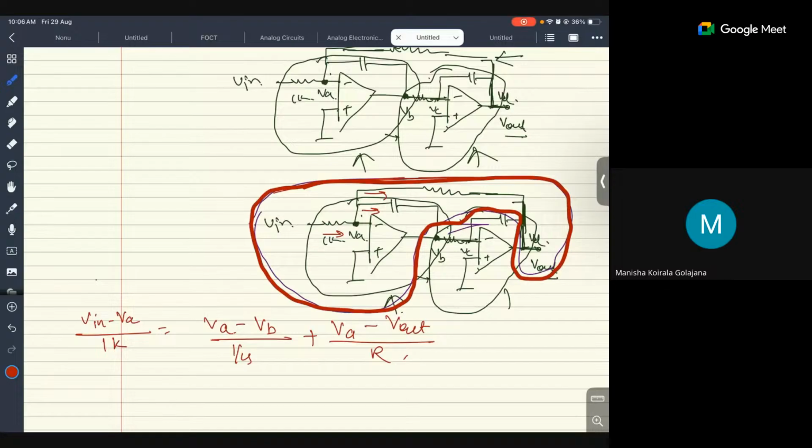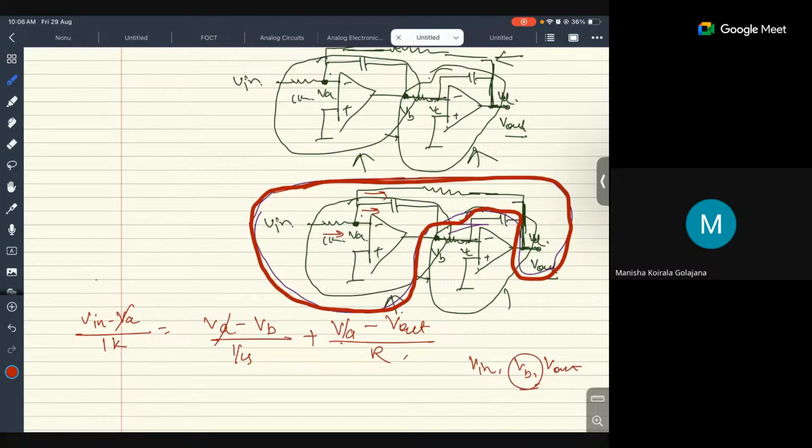Why? Because of the virtual ground concept. The positive terminal voltage is 0, so that means VA is also 0. So VA will be eliminated. Only the equation is in terms of V in, VB and V out. Now we have to eliminate VB.